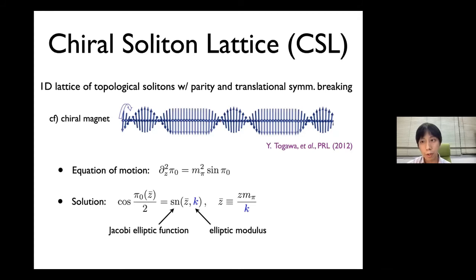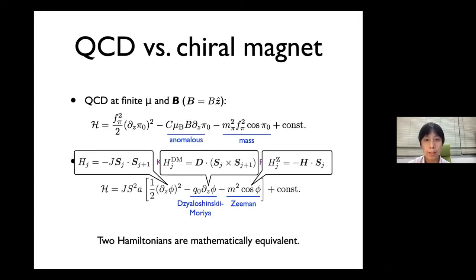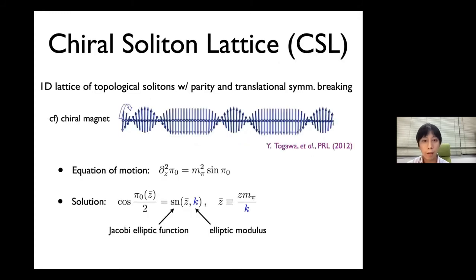For that purpose, let us first observe that this anomalous term, or this Dzyaloshinskii-Moriya interaction, is a total derivative. They are just total derivatives, so they do not contribute to the equation of motion. If we write down the equation of motion from these Hamiltonians, we obtain this kind of equation of motion.